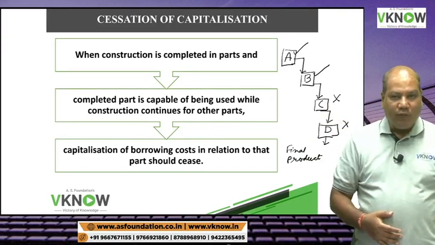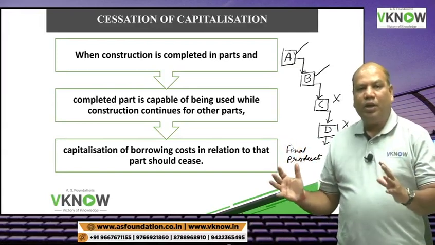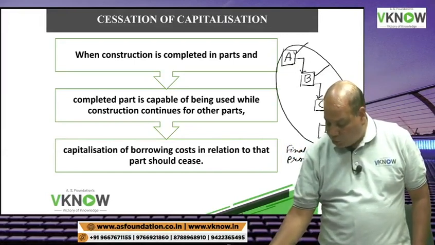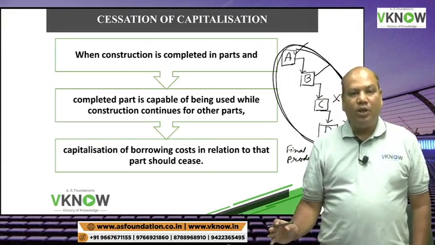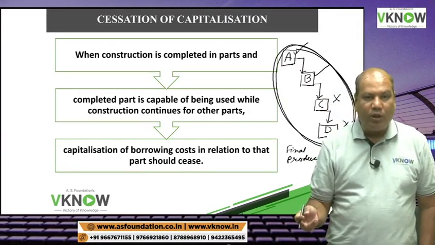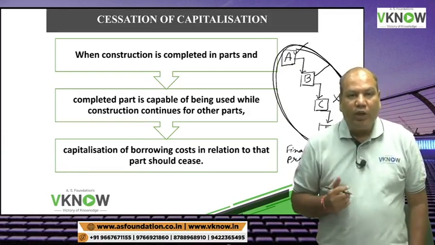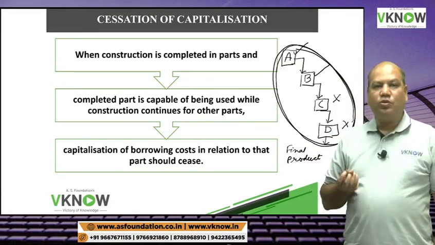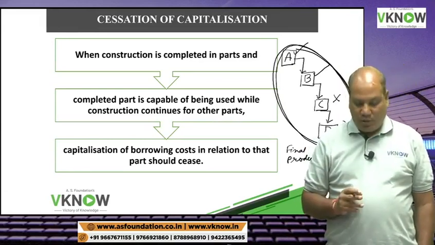Therefore, in this example, where unless the entire plant is ready you can't use it, the standard says continue to capitalize the borrowing cost even though A and B are complete, but they cannot be used independently. In my previous example of the amusement park, A and B buildings could have been used independently without waiting for C and D to be complete. But here, unless C and D are complete, A and B also cannot be used. So we will continue to capitalize the borrowing cost for the entire plant.